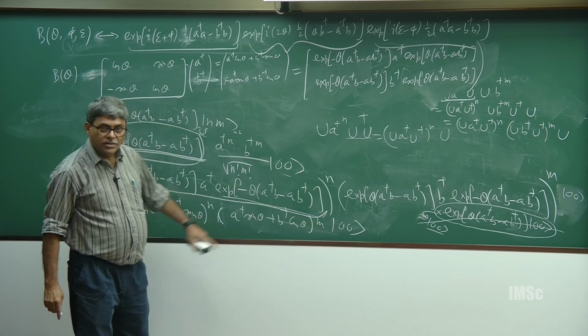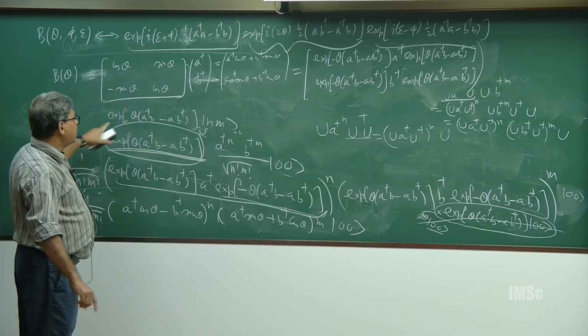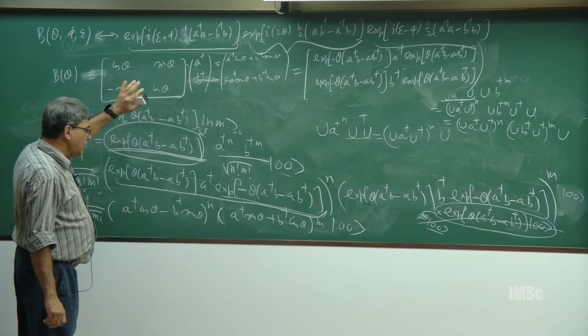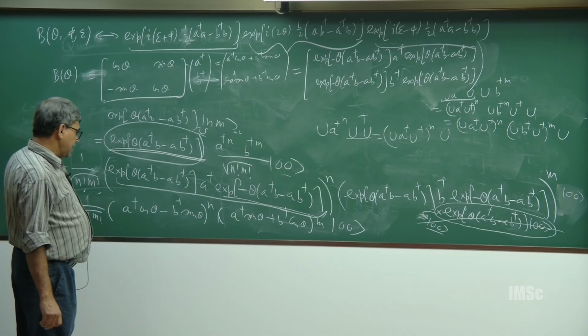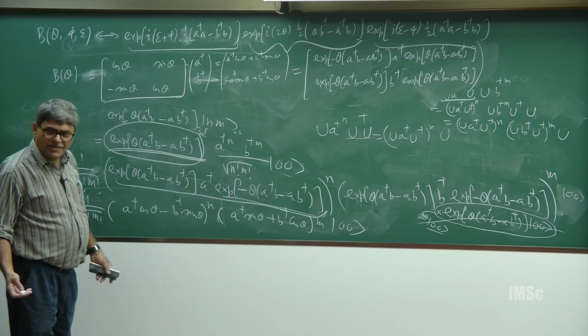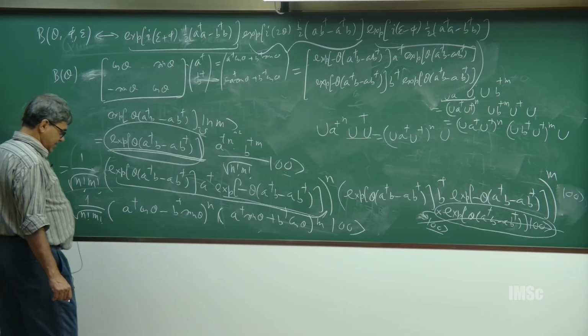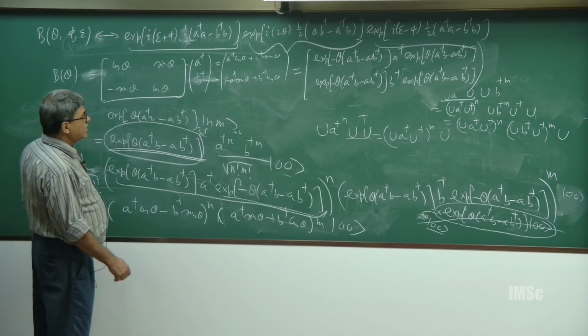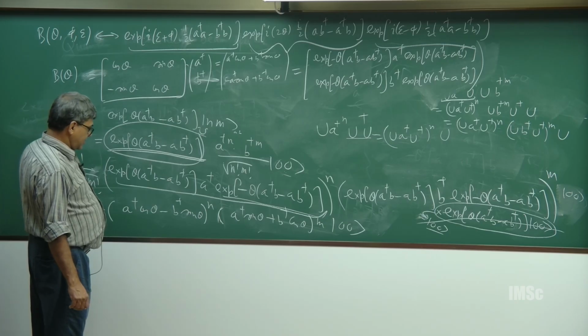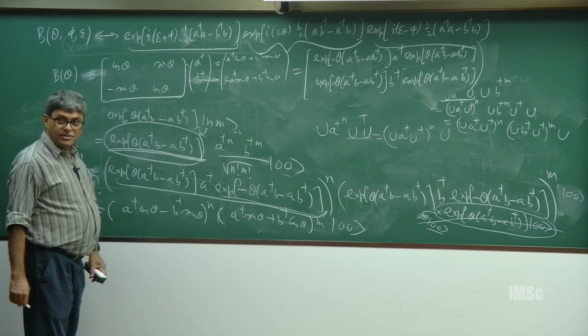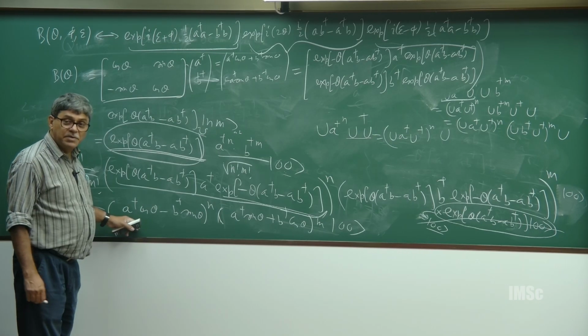This is what you get after the action of the unitary corresponding to the beam splitter on n, m. These are in the Heisenberg picture.